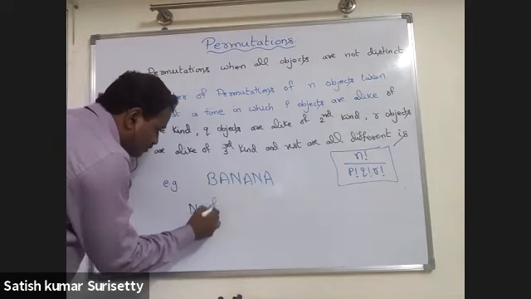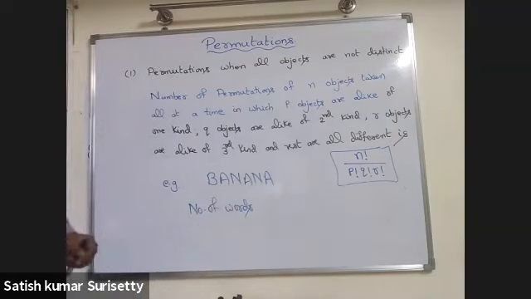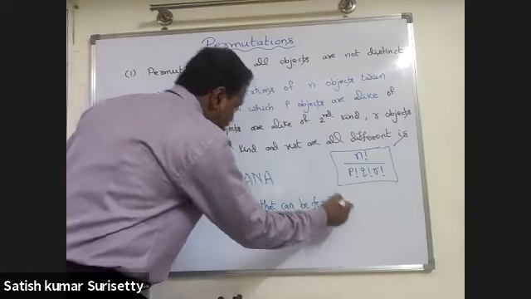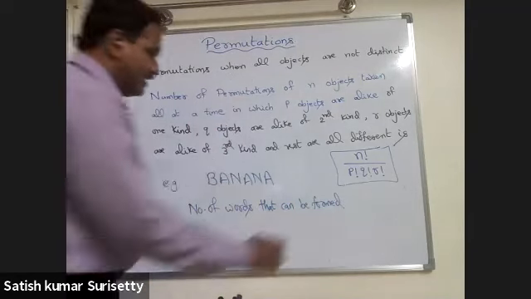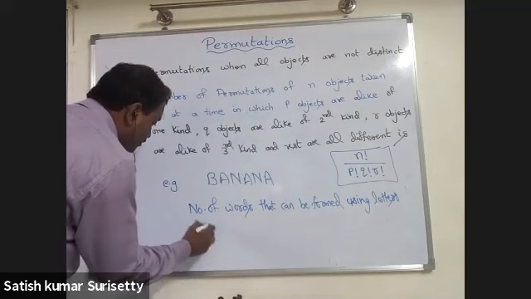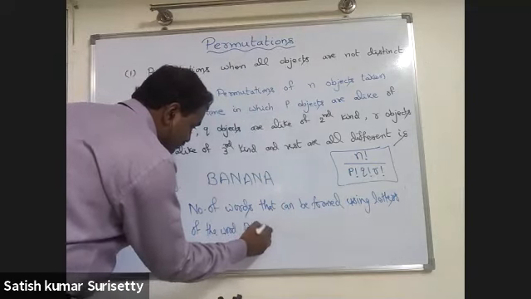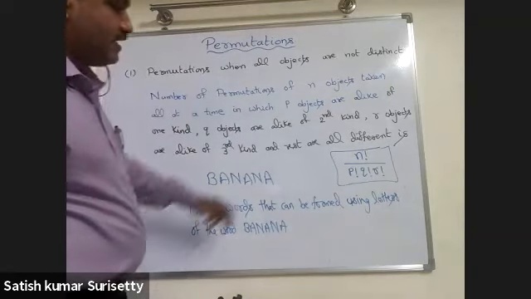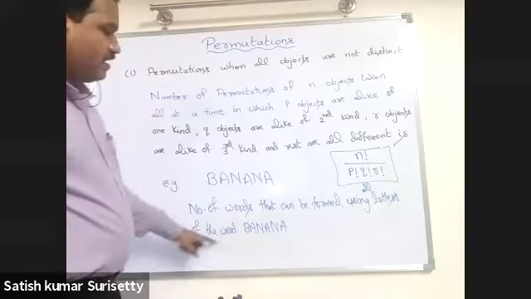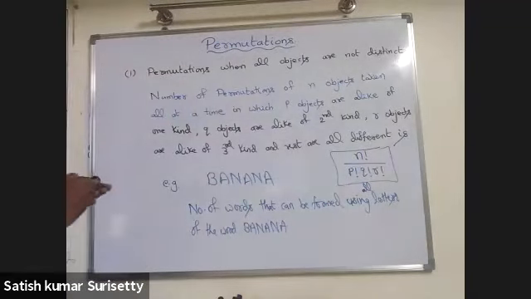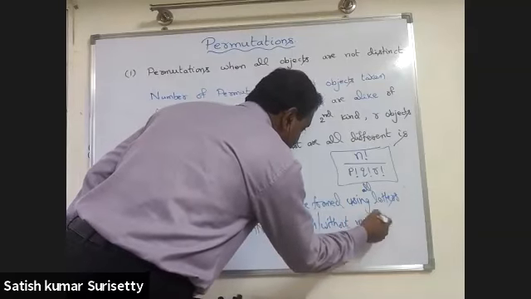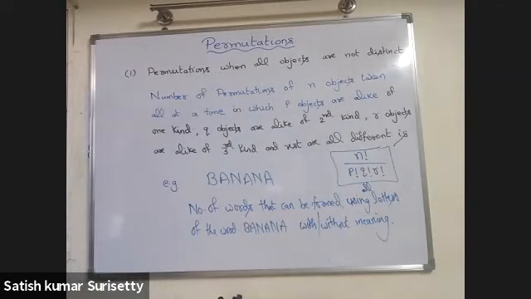Find the number of words that can be formed using all the letters of the word banana, with or without meaning. With meaning, no word is possible, so it is with or without meaning.